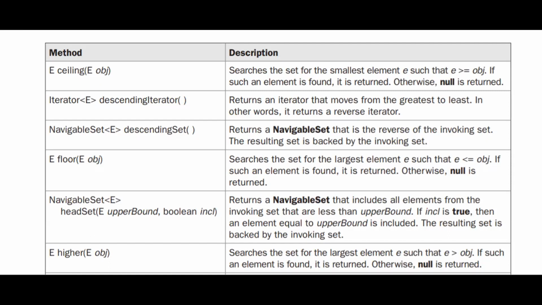So given a value, how its closest match will be evaluated. The NavigableSet interface is extended from sorted set only. Now the various methods that are present in the navigable set.